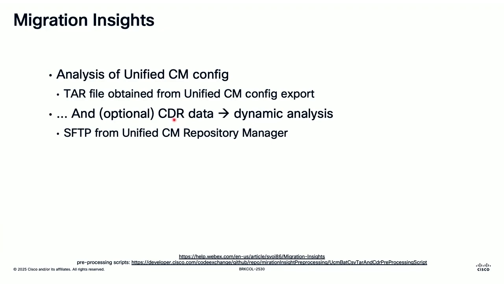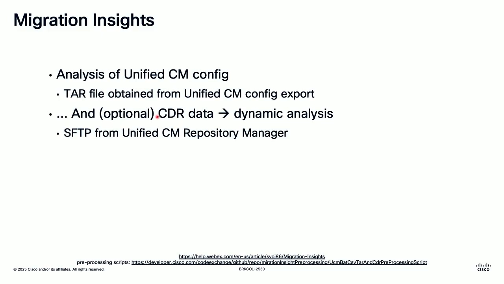Why is that important? If you import CDR data, you can not only do a static analysis, you can also do a dynamic analysis and see which DNs are actually still used. Are there certain features that are not used anymore, right? That you don't get if you only look at the existing configuration.